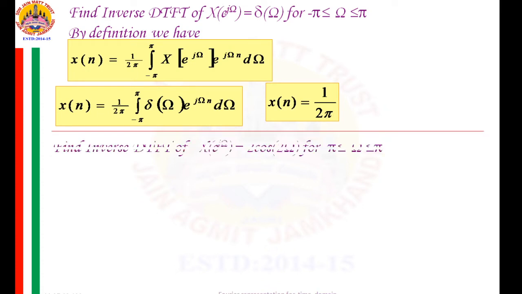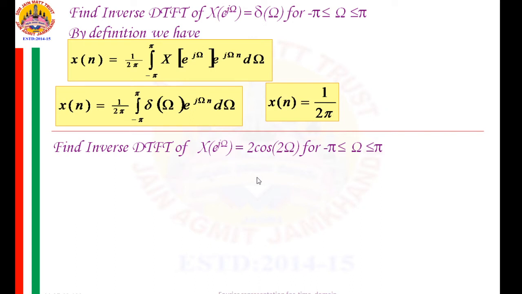Okay. So now suppose I have a signal which is a cosine. So x of e raised to j ohm is equal to 2 cos 2 ohm, for ohm varying from minus pi to plus pi, and it repeats itself for every interval of 2 pi.